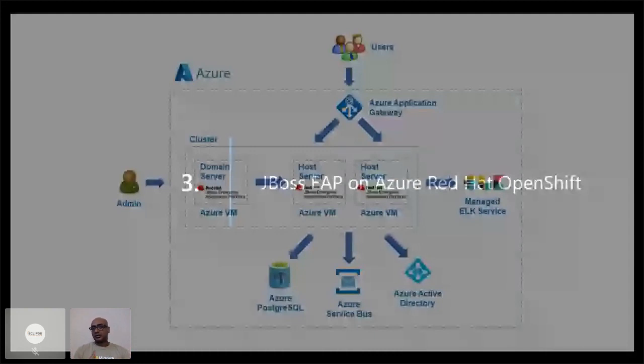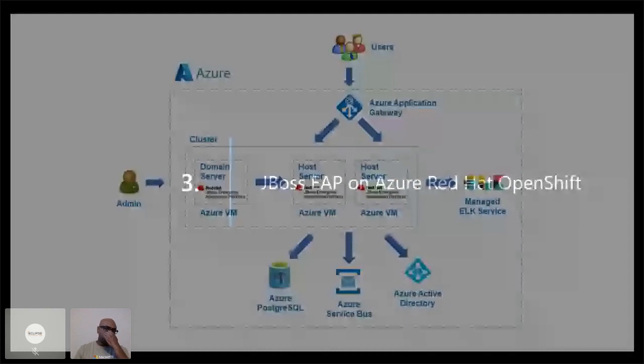Let's say, for the sake of argument, you've decided to use domain mode, so you'll also have a domain server that manages those host servers. You can automatically provision Azure App Gateway in front of those host servers, so it's automatic. All of that configuration is handled on your behalf, and you have an internet-facing gateway that users can access in a secure fashion.